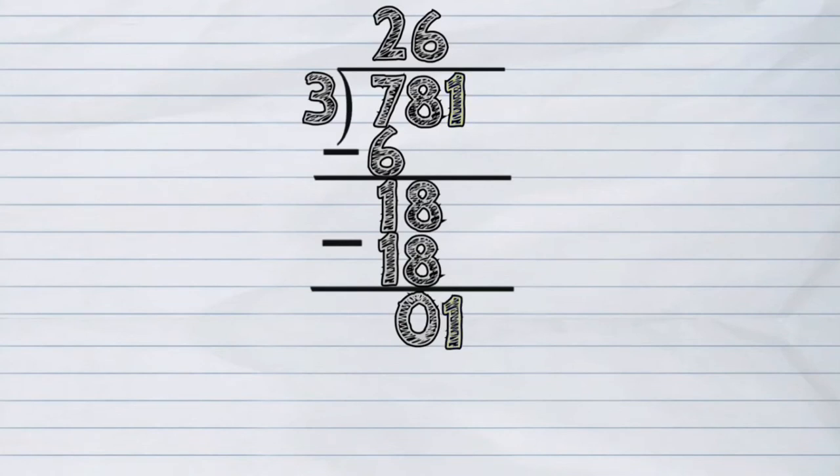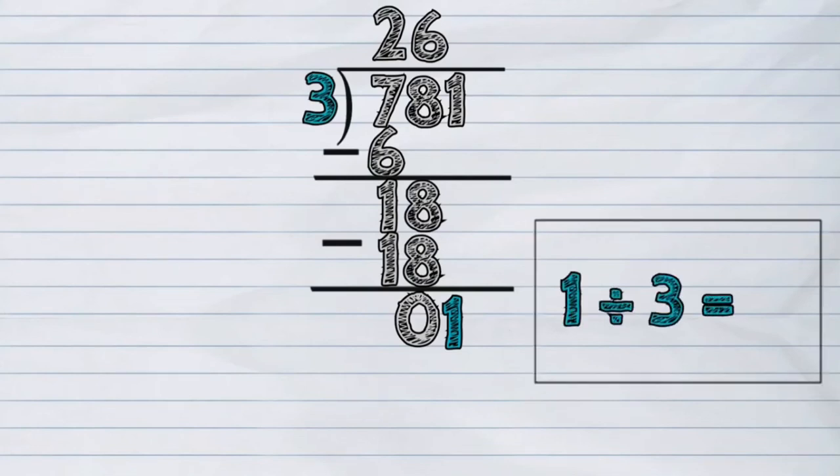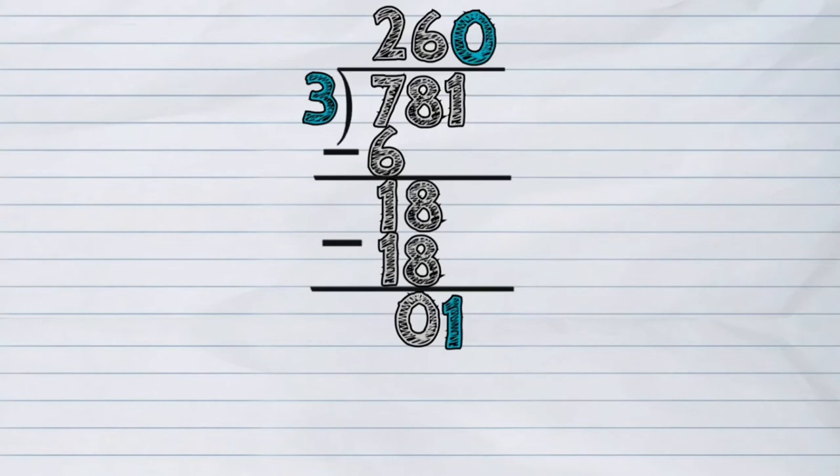We'll repeat the step 1 process by dividing 1 by 3. Can we divide 1 by 3? That would not be enough. So what we are going to do is to write down 0 as the answer. Then multiply 0 and 3. The answer is 0.